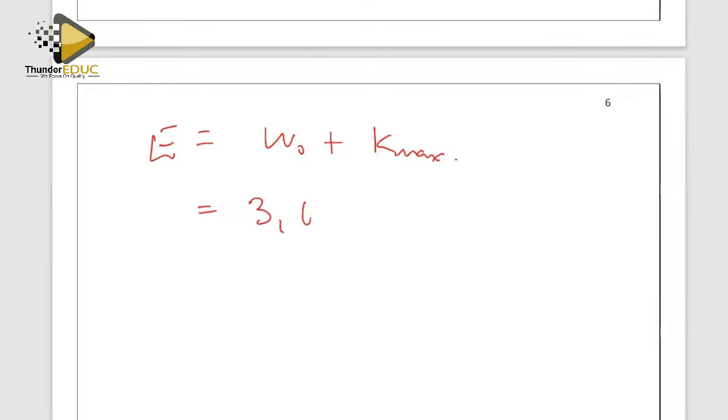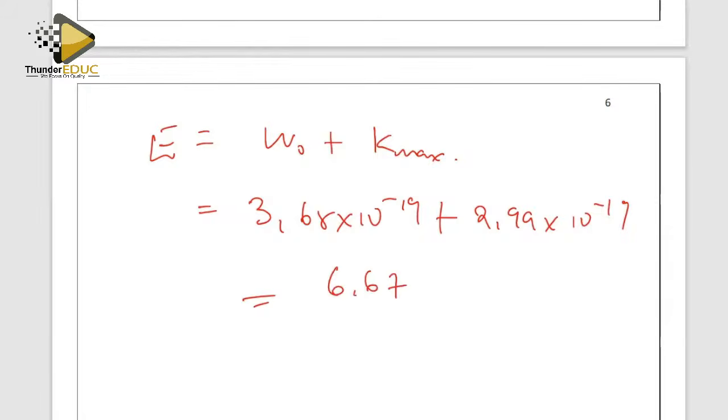So it's going to be 3,68 times 10 to the negative 19 plus my EK max, 2,99 times 10 to the negative 19. So 3,68 plus 2,99 gives me 6,67 times 10 to the negative 19 joules. So that's what I'm getting then.